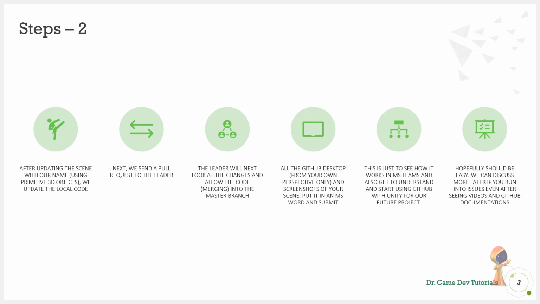Now what happens is the leader will look at the changes and see that these are really nice changes, so let's merge them into the master branch. From GitHub Desktop or the command line, you can take screenshots and put them in an MS Word document. In our case, we're using Microsoft Teams, so you can submit it over there so the other people can see, and I can look at what's happening here. This should be easy to set up, just to see how it works.